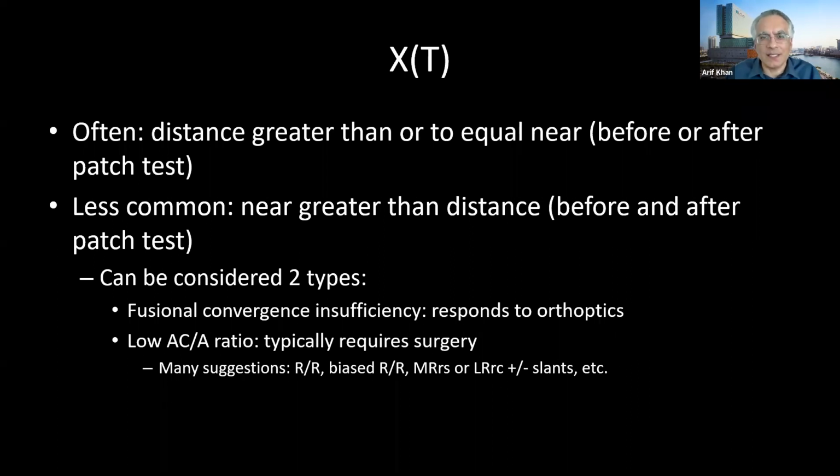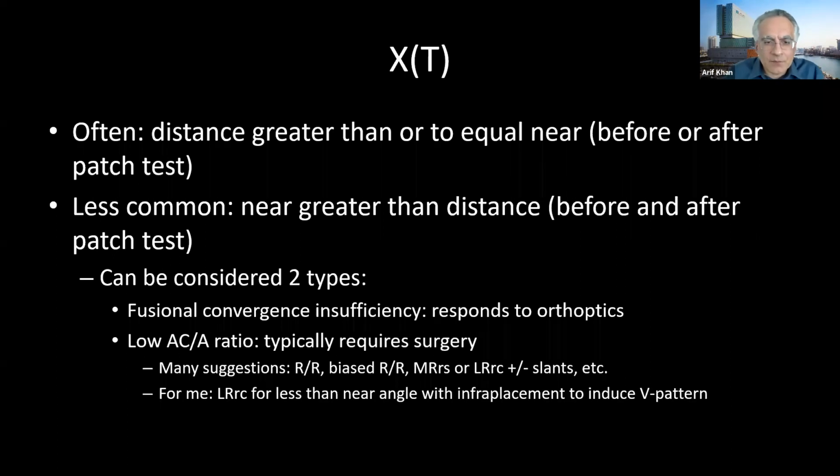It really doesn't make sense to me, because when you do a recession or a resection, you influence the distance and near both by a certain percentage, and these ideas that you can slant it and affect one more than the other, it's not really clear that that's true. There's been a lot of work recently that suggests that it doesn't make a difference.